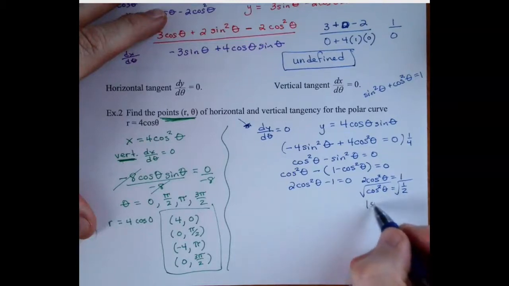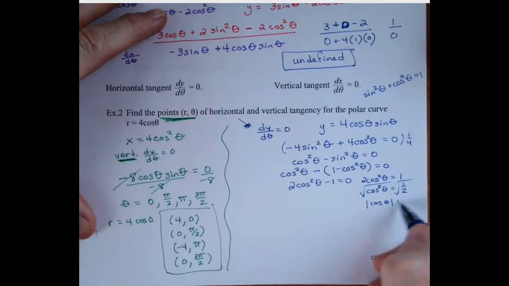So we're going to get the absolute value of cosine theta equals root 2 over 2, and then cosine theta equals plus or minus root 2 over 2.